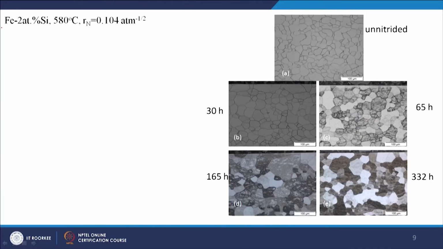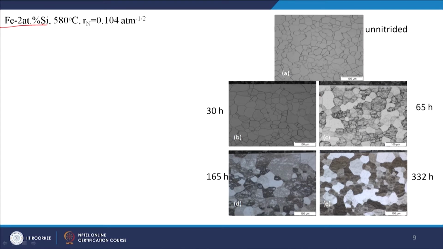Now, what we have seen is about situations with chromium and vanadium, where the element precipitates quite quickly and you are forming a sort of layer, a nitrided region growing like a layer. But now you have a different type of element. For example, here I will pick up iron silicon.